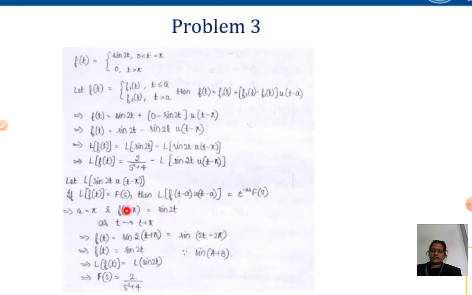So as t is t minus pi, f of t will be sin of 2 into t plus pi, so sin of 2t plus 2 pi, and since it is periodic, it will become sin of 2t. So L of f of t is L of sin 2t, that gives us f of s is 2 divided by s squared plus 4.